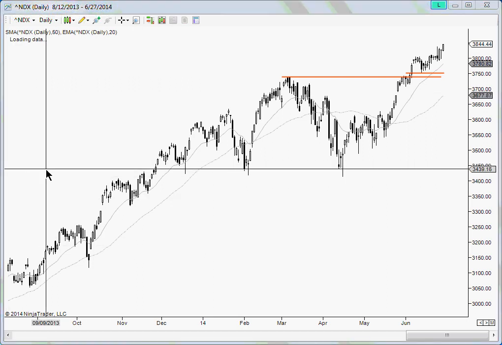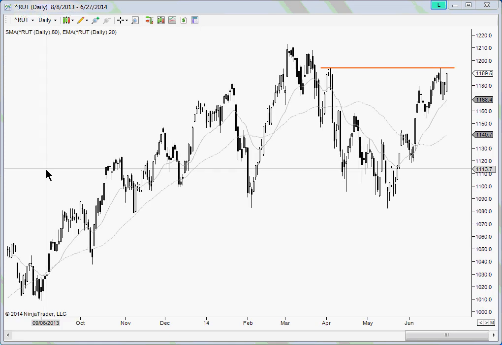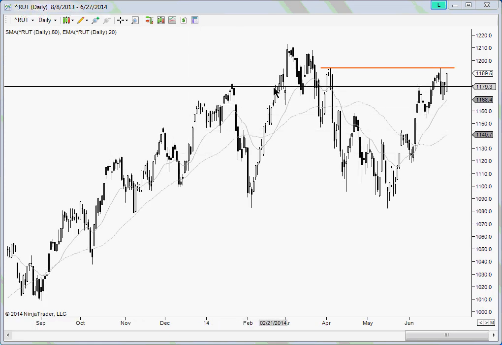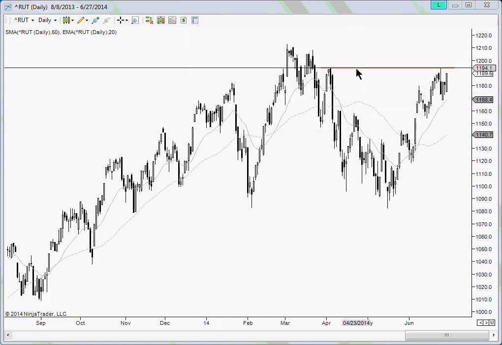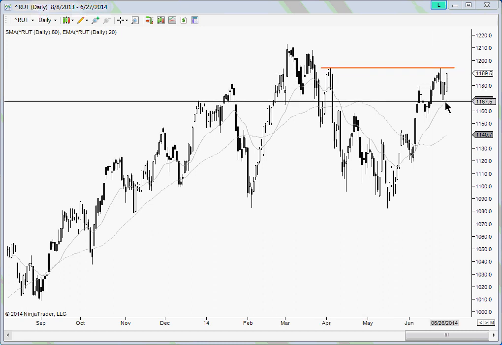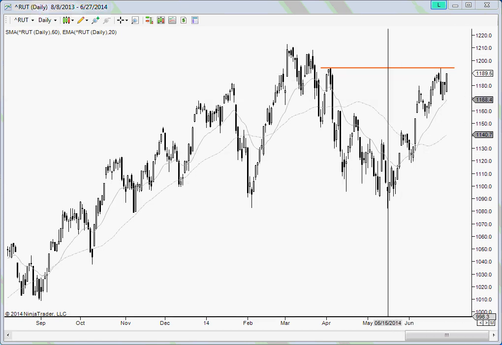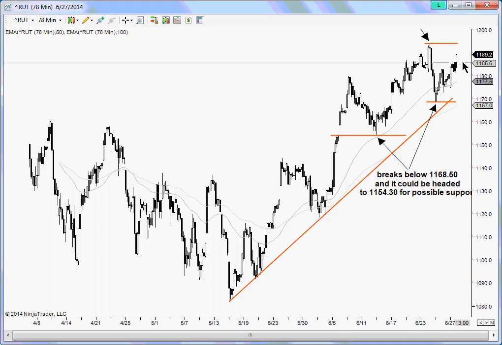We continue to see the tech leading the market, as well as the small caps. You can see the Russell 2000 is coming back up. It found a little resistance here at this 1194, and then pulled back. Look at this Friday move, a big solid up candle here, and it's still got a lot of strength. I wouldn't be surprised to see the Russell come back and put in a new all-time high.